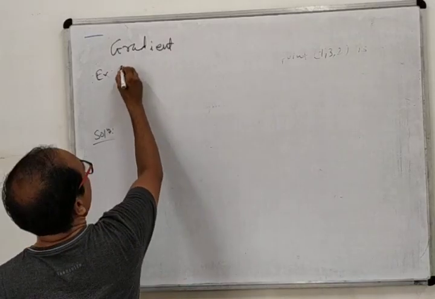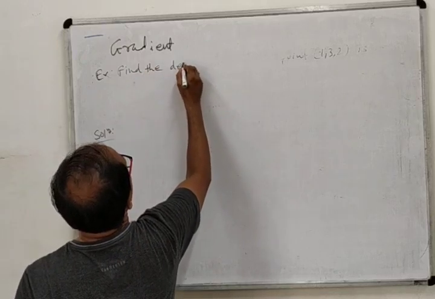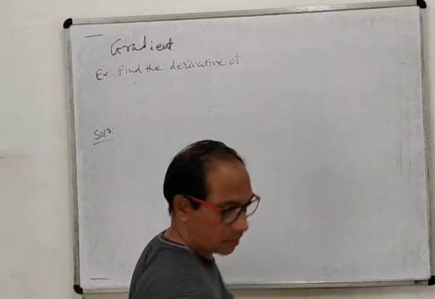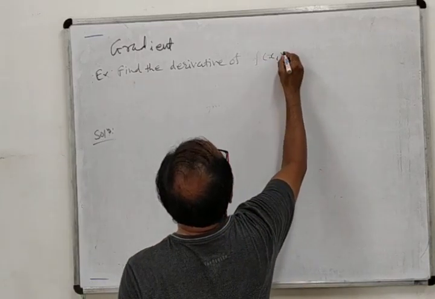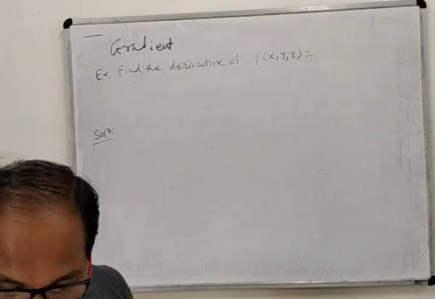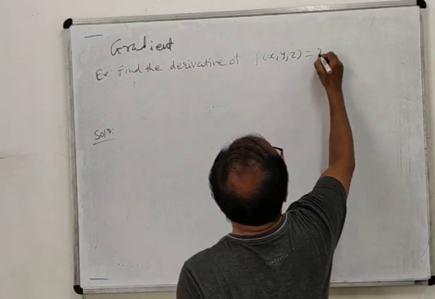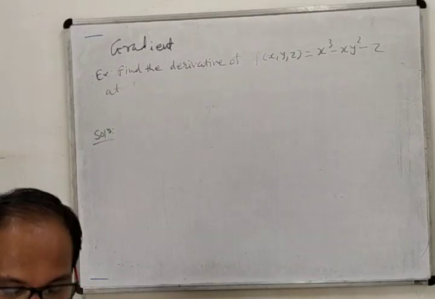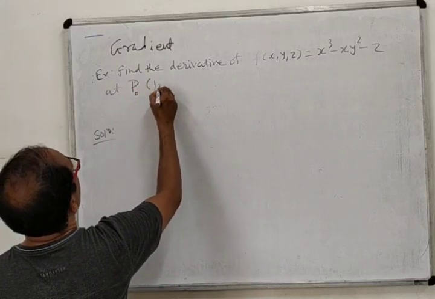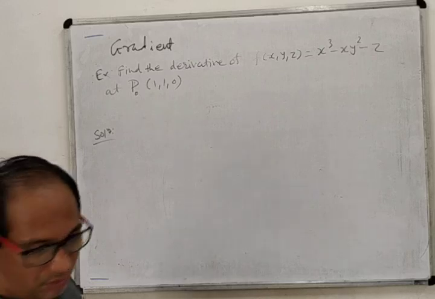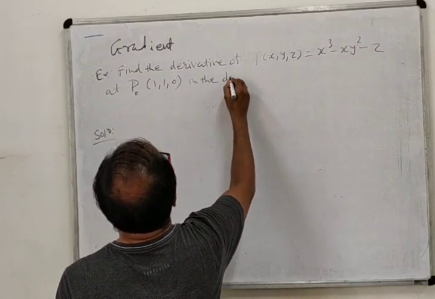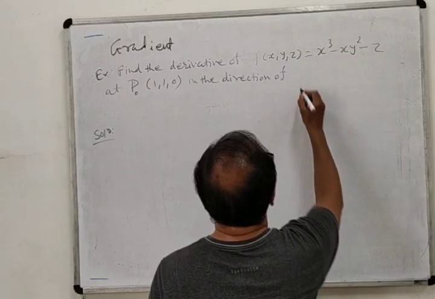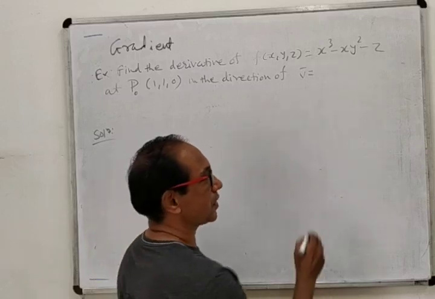Find the derivative of f of x, y, z equal to x cube minus x y square minus z at the point p0 (1, 1, 0) in the direction of v bar equal to 2i minus 3j plus 6k.